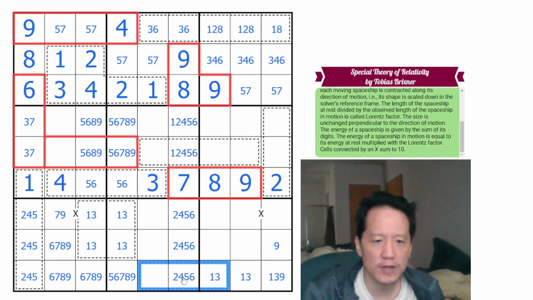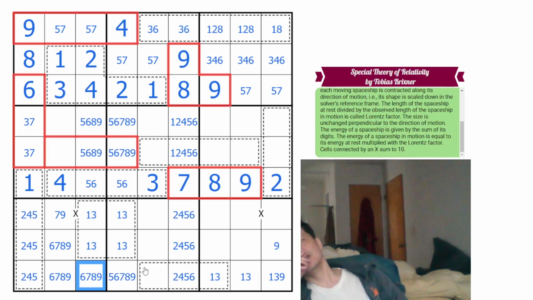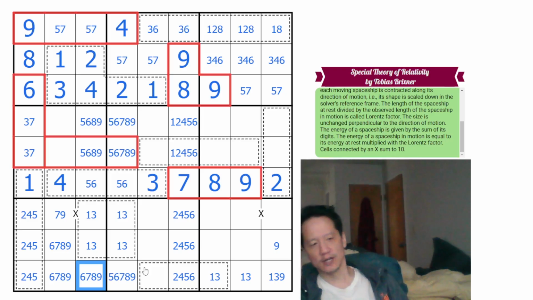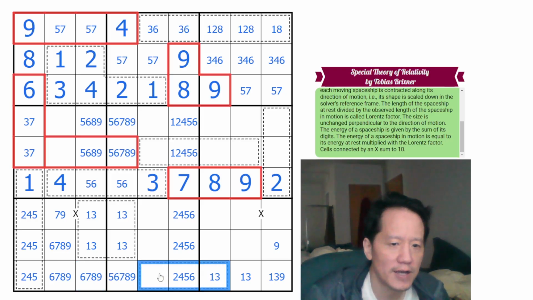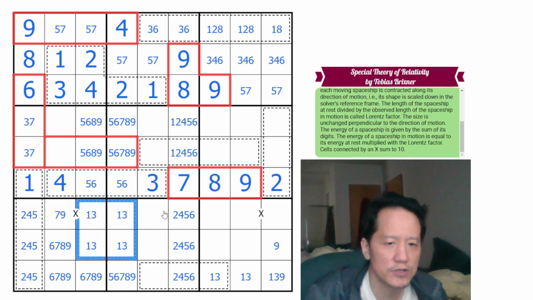Can a 3 ever shrink down to 1? No, because 3 at minimum is a 6, and then 6 times 3 is 18, and one cell can never add up to 18. So the 3 cell has to shrink to a 2, but we're not sure where. So this could either go here as 7, 9 or here as 7, 9.